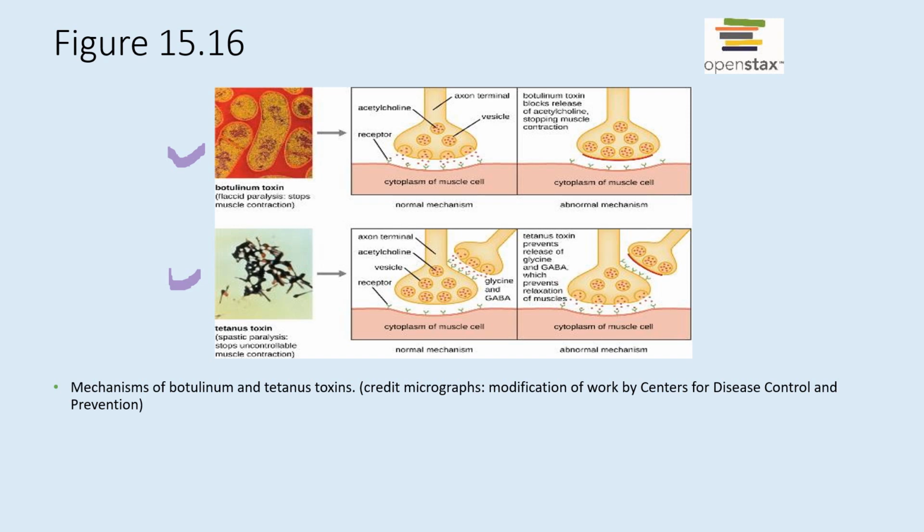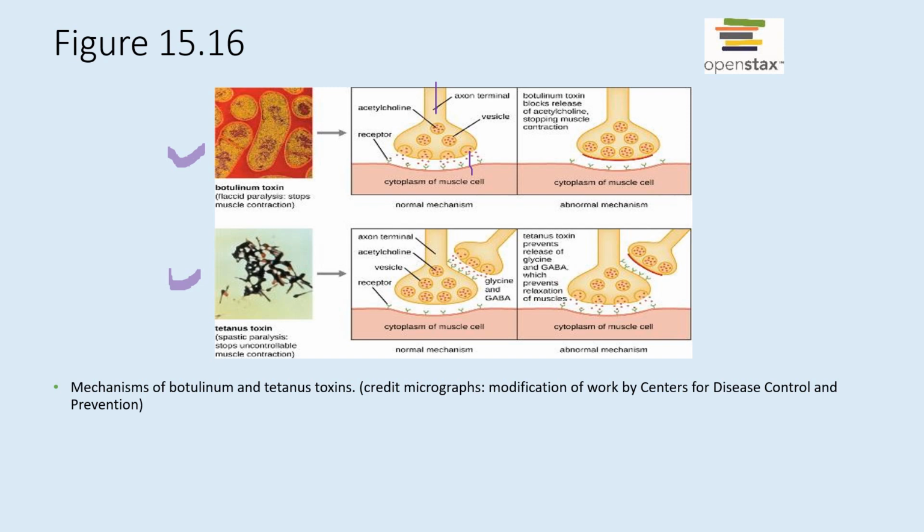You have your action potential, the electrical impulse coming down the nerve. It is going to essentially trigger the release of the neurotransmitter, which is acetylcholine, from these vesicles. It's going to move across the synaptic cleft, across the space between the neuron and the muscle, and it's going to bind with the muscle, open the gates, and trigger the muscle contraction.